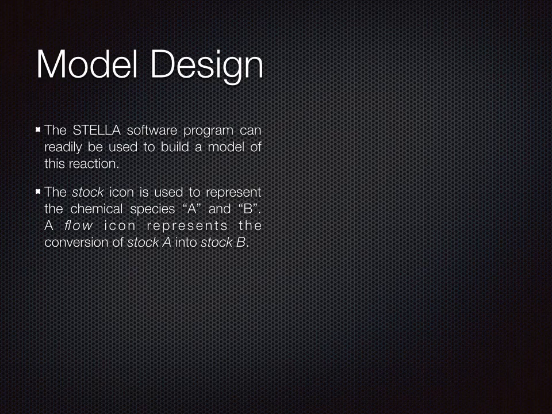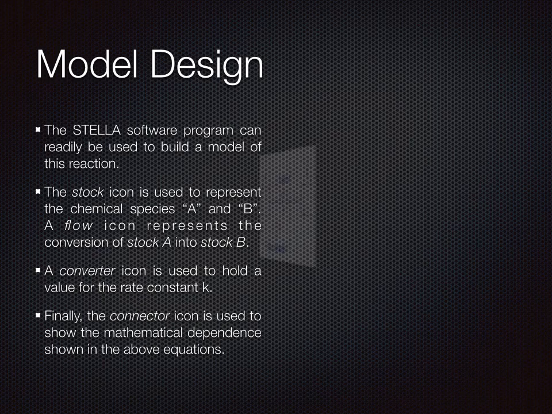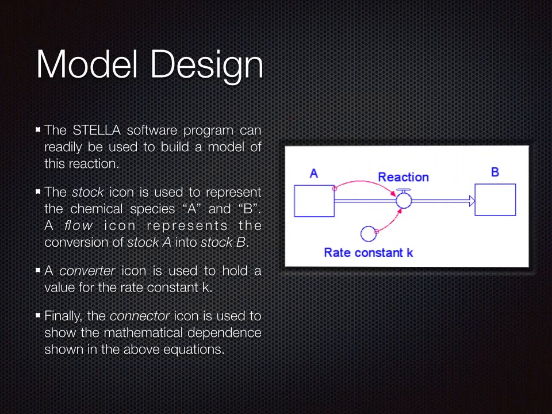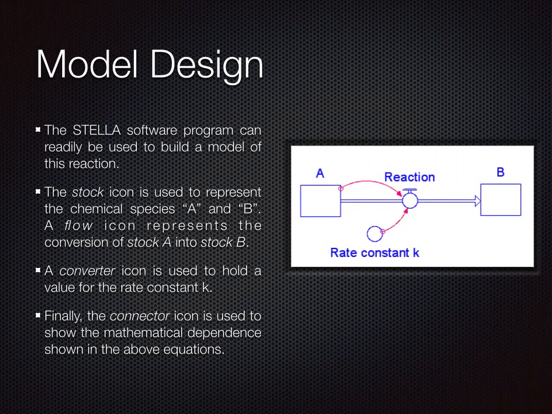This flow will have the formula that will explain the chemical reaction. Then we will need a converter to hold the value for the rate constant K, which will have the same name, and finally we will connect everything with the connector icon. This will show the mathematical dependence on the above equation. Now let's get hands on it and build this model.